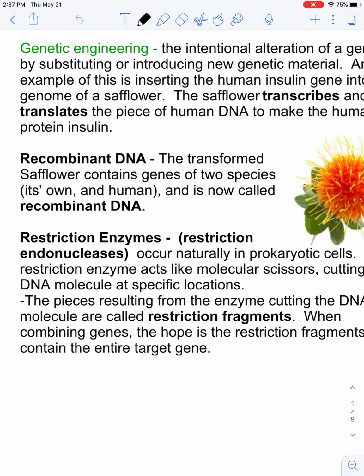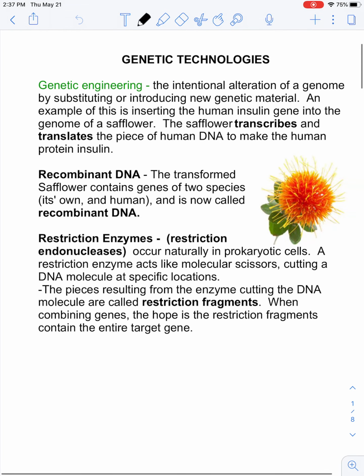Restriction enzymes. So we have to be able to cut out pieces of DNA from organisms. And of course, we can't use scissors because the DNA is so small. But bacteria have these things called restriction enzymes. And these enzymes, their purpose was to chop up viral DNA to prevent them from being infected by viruses.